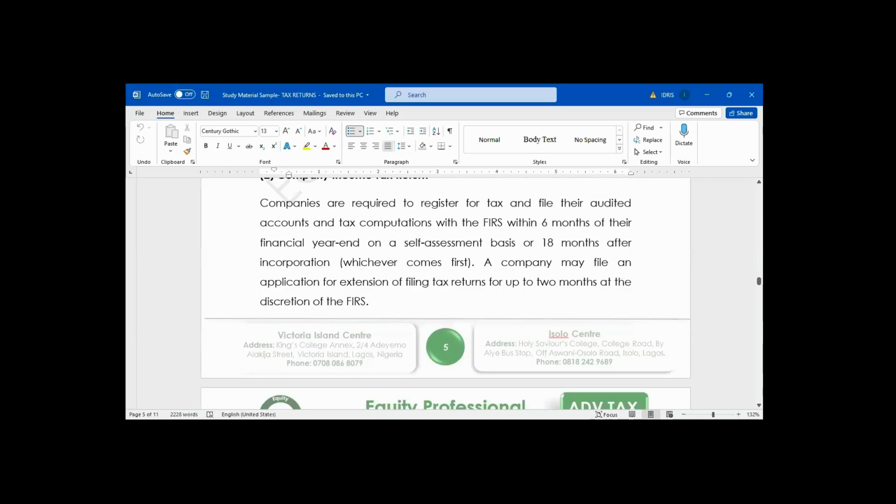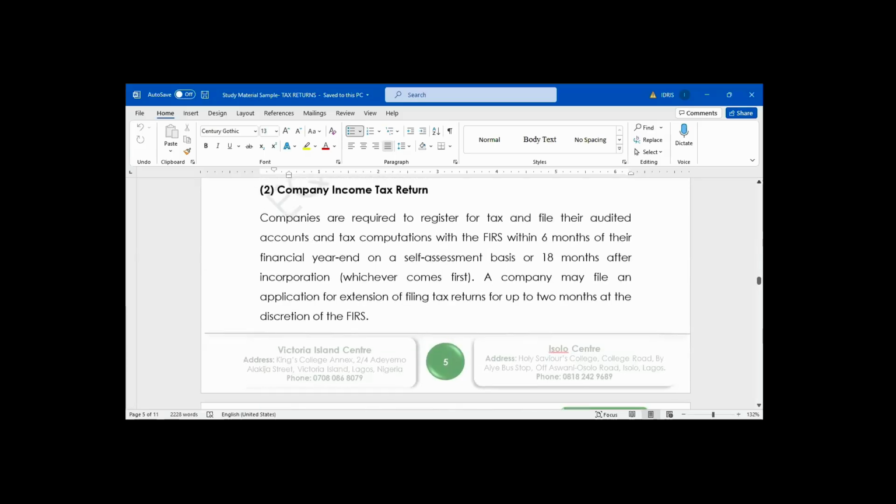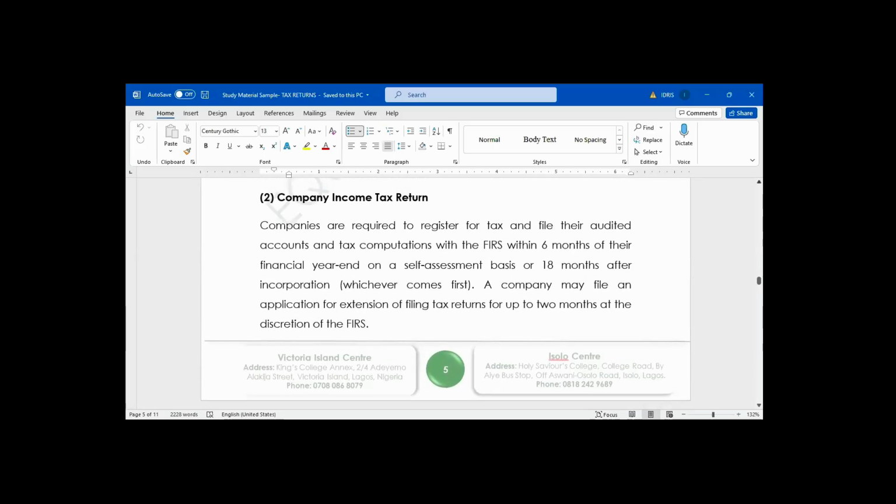Company income tax return. This company income tax return is the return that the company files. Every company, either limited company or public limited company, files company income tax return.